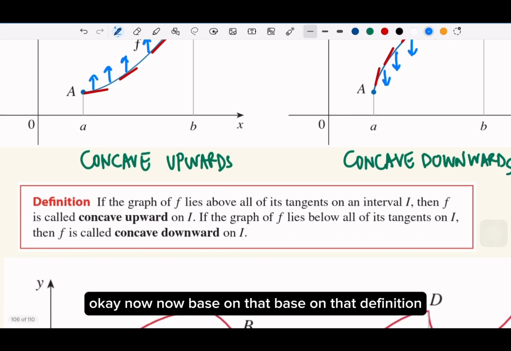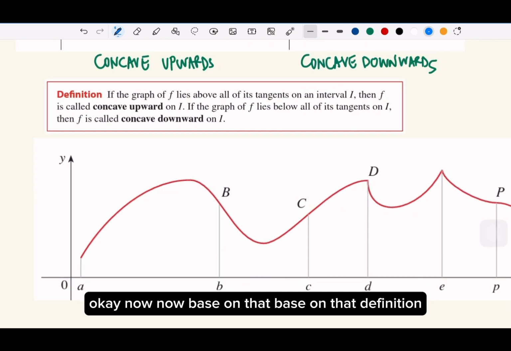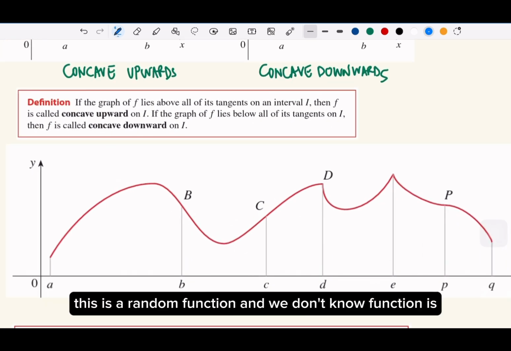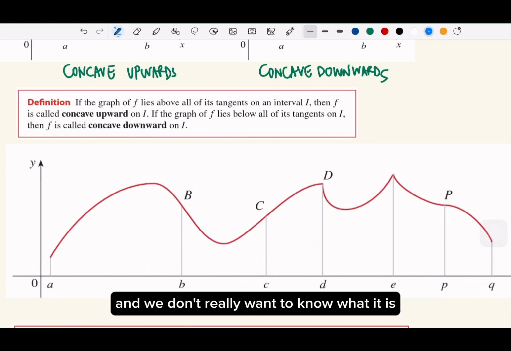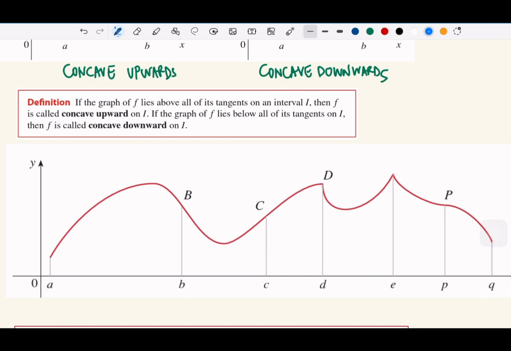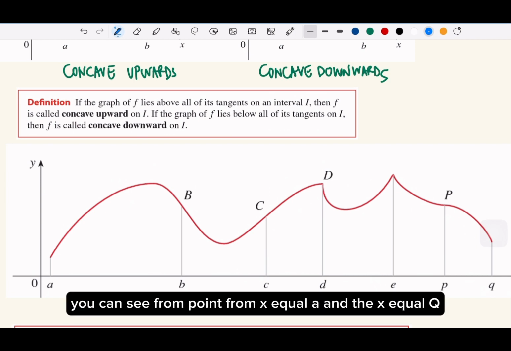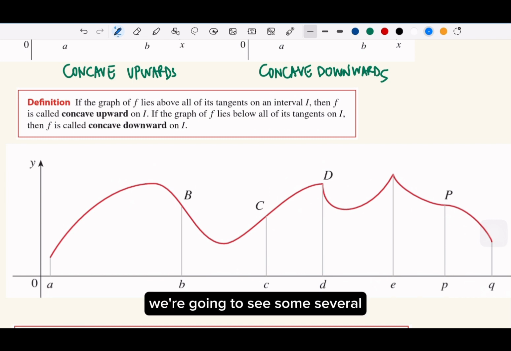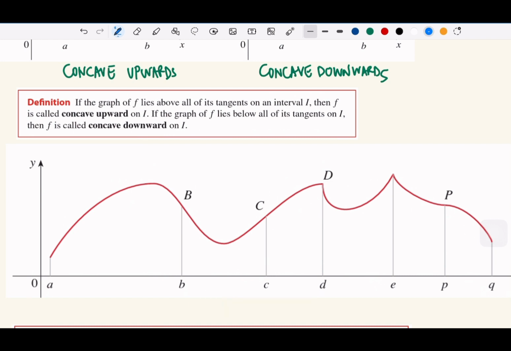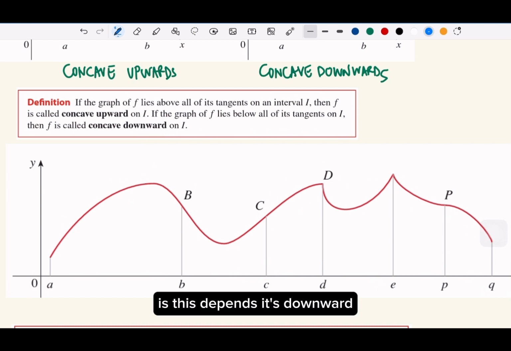Now based on that definition, if we have just a random function, and we don't know what the function is, and we don't really want to know, you can see from x equals a until x equals q, we're going to see several concavities. Here is this, it means it's downward.